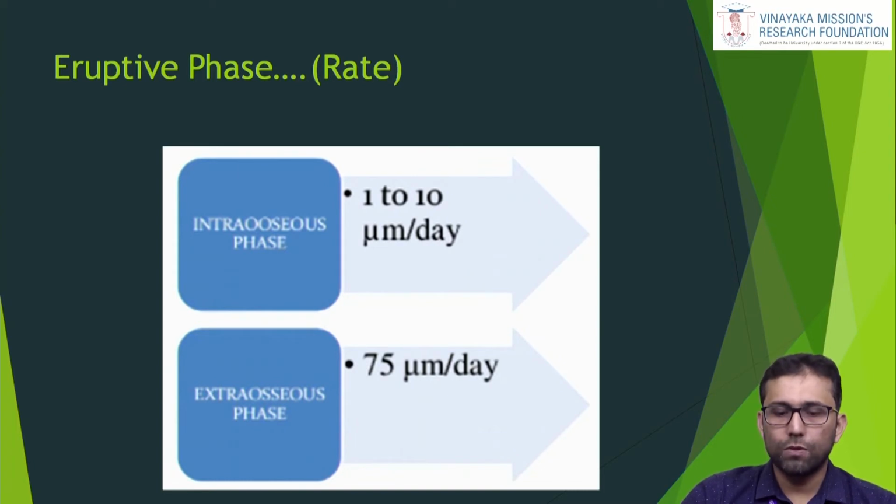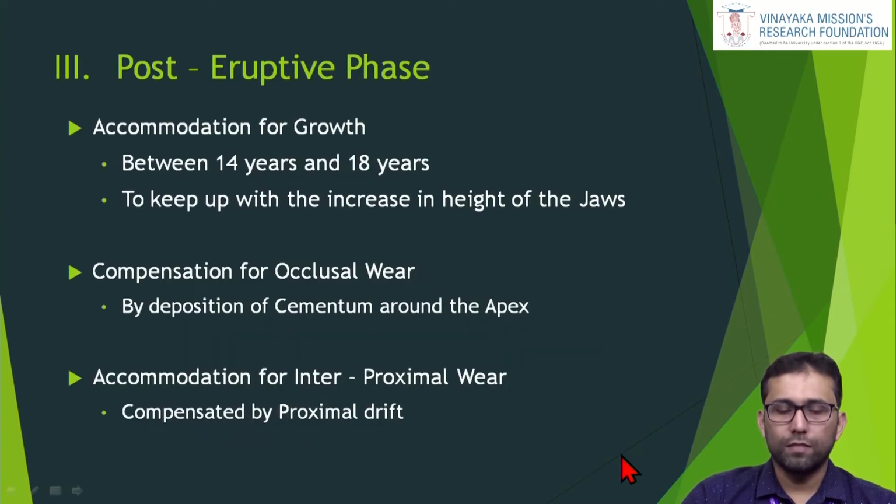In the intra-osseous phase, it is just 1 to 10 micrometers per day, so we can imagine how much time a tooth will take to erupt from its bony crypt to the oral cavity. Whereas once the bony wall is resorbed, the eruption becomes faster, and in the extra-osseous phase it is almost 75 micrometers per day.